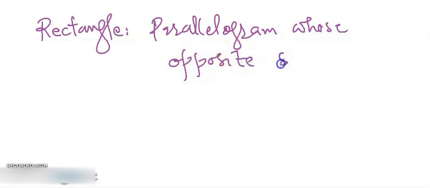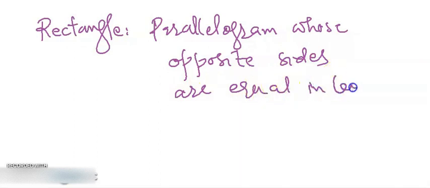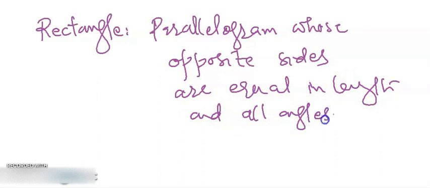A rectangle is a parallelogram whose opposite sides are equal in length and all angles are of 90 degrees. So a rectangle is also a kind of parallelogram. A rectangle is a parallelogram and a parallelogram is a trapezium, so you can also call a rectangle a trapezium.